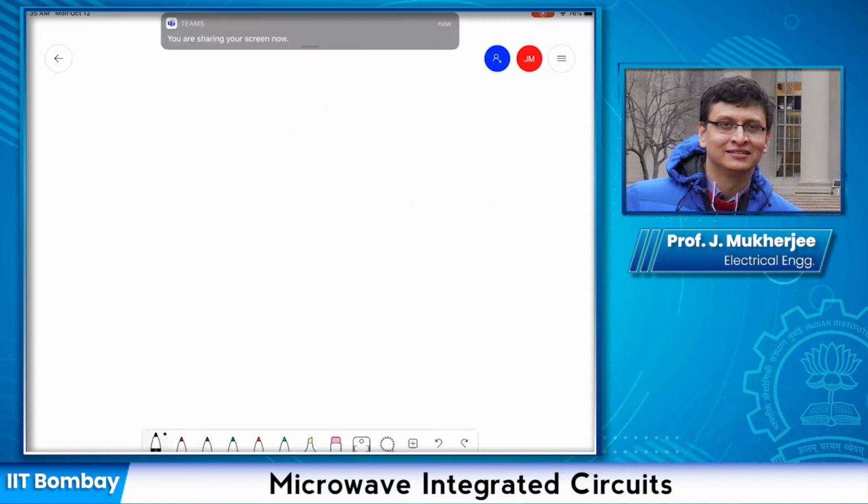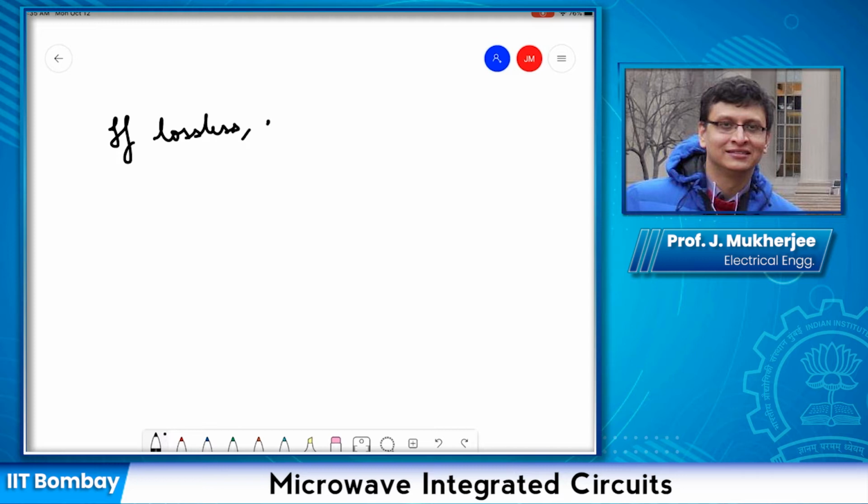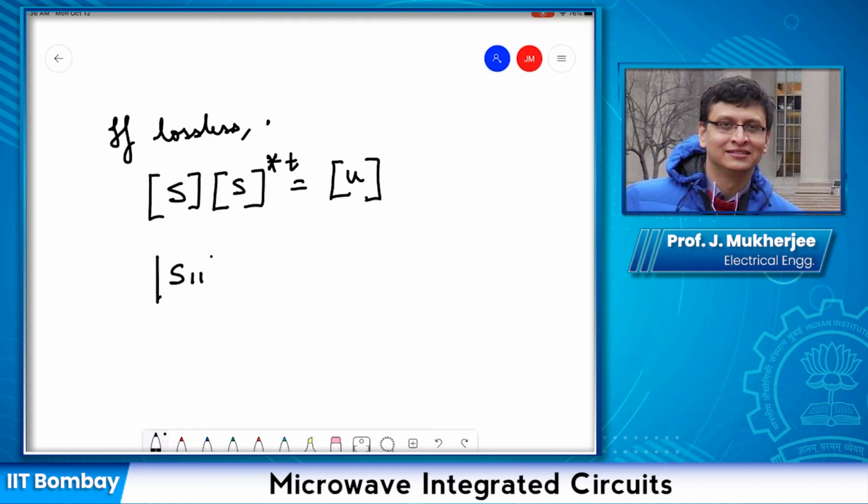Okay, if the two-port network is lossless, then we have the unitary condition: the conjugate transpose will be equal to the inverse. Using this condition along with the reciprocity condition, we know that we need 3 unknowns only, where theta 1 is the angle of S11, theta 2 is the angle of S22, and the magnitude of S11.